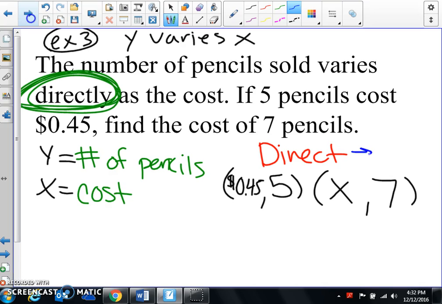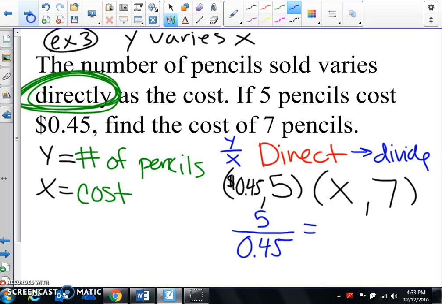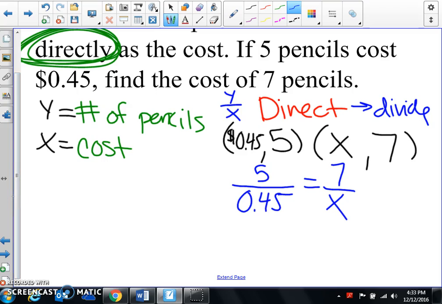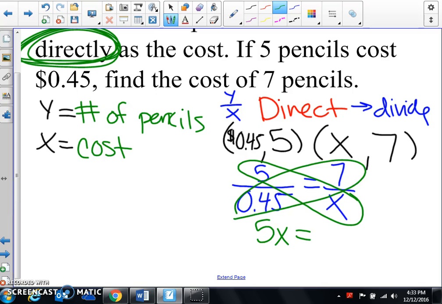So now, just like we did on the last video, we go ahead and set ourselves up. Direct is divide. So I would do y over x. So 5 over 0.45 equals 7 over x. Let's do some cross multiplying. 5 times x is 5x. 7 times 0.45 is 3.15, and then you divide both sides by 5.